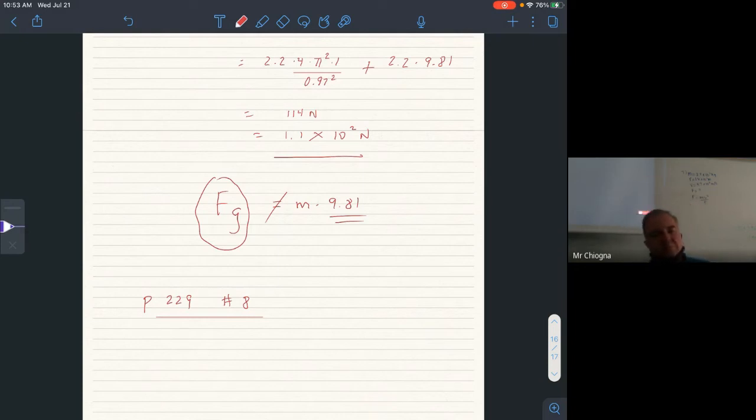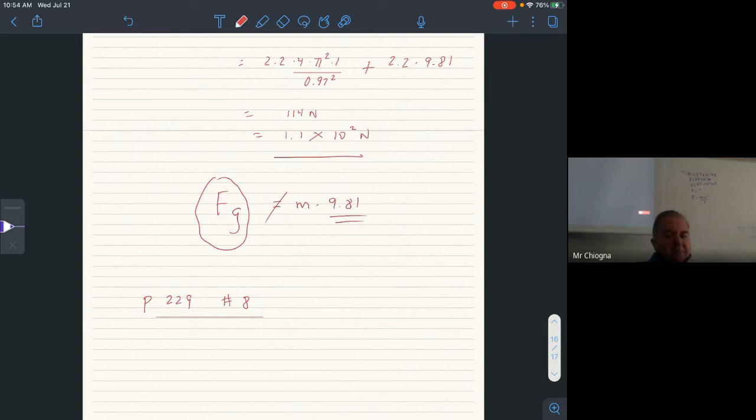Now we're given the distance between the center of the Earth and the Sun, and that's 1.496 times 10 to the 11 meters. We have the masses as well, so all we need to do is plug everything into this equation.